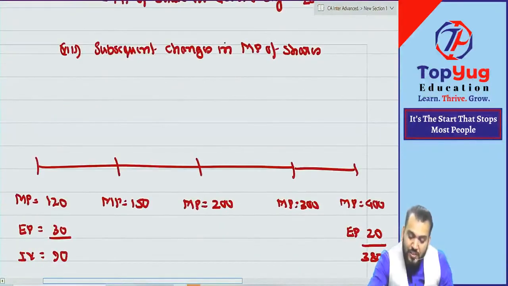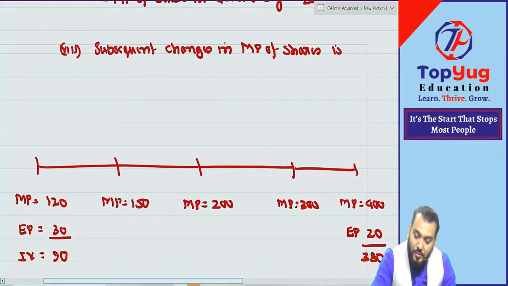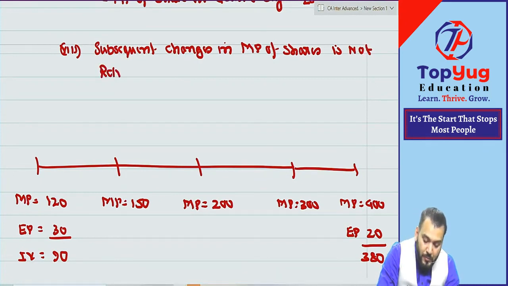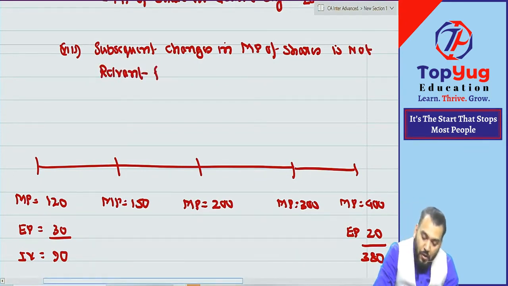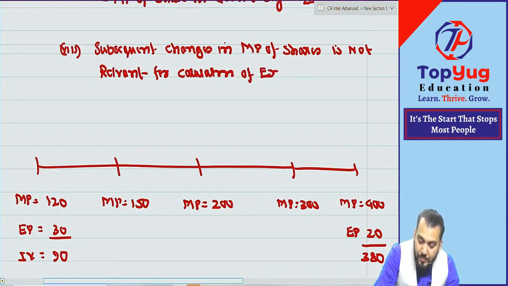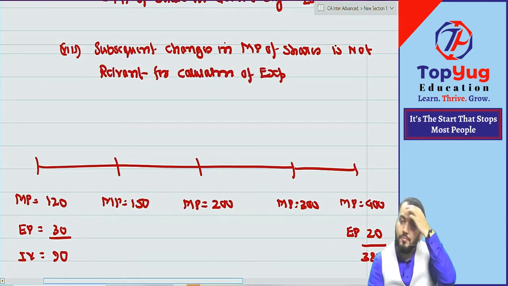The subsequent changes in the market price of shares are not relevant for calculation of expense. Understood?